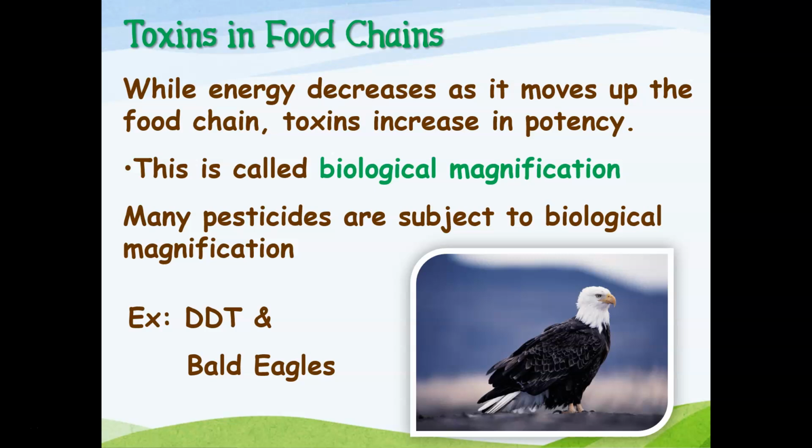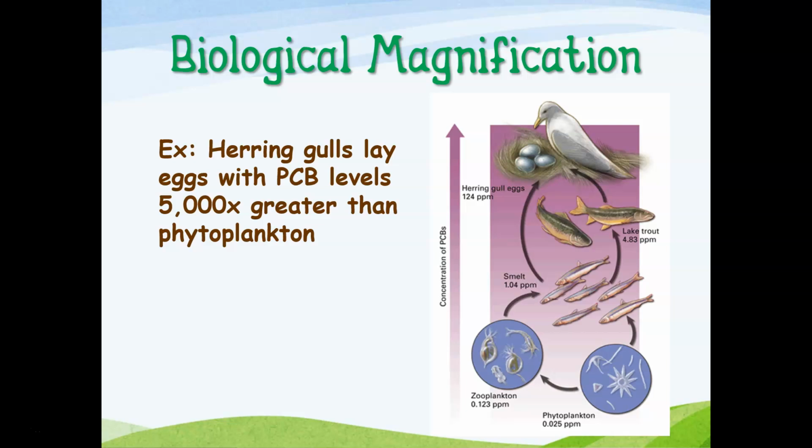No, we said this is such a big problem that DDT use got banned. Same thing was occurring in a similar manner with these compounds called PCBs. And both the DDT and the PCB levels work in a very similar way.